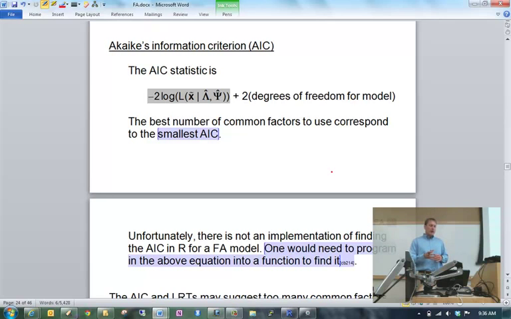I've seen this used a number of times with factor analysis models, but unfortunately R doesn't provide us a convenient way to calculate it, which is quite unfortunate because SAS does. Of course, what one could do is program in the corresponding equation that you see there.